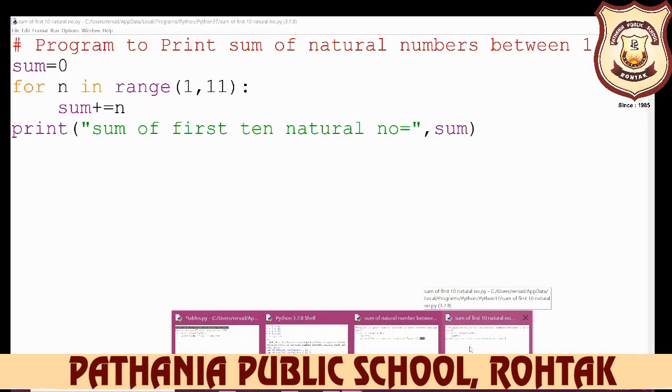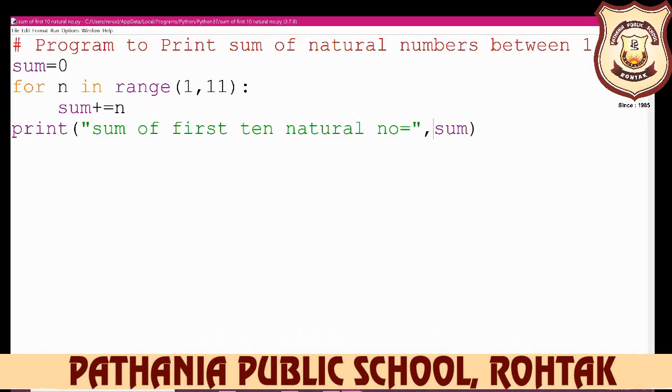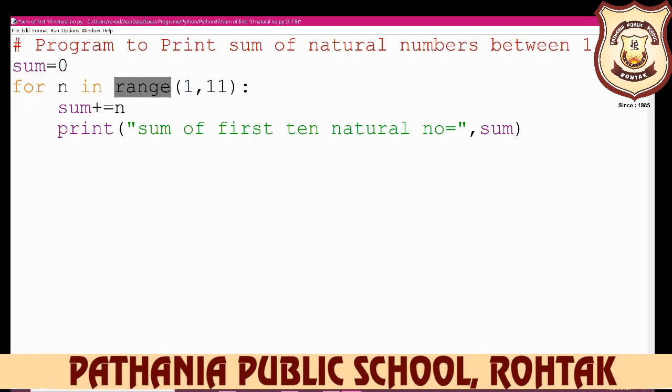So open this program, and now you see, beta, the program to print the sum of the first 10 natural numbers. This is the comment: program to print the sum of natural numbers between 1 to 10. So here you write sum is equal to 0, for n in range, where range is the function, and we want to display 1 to 10.